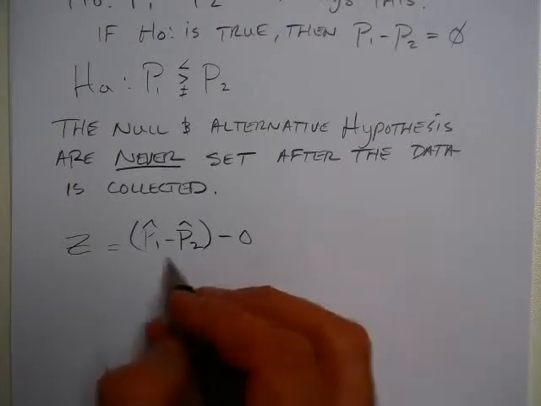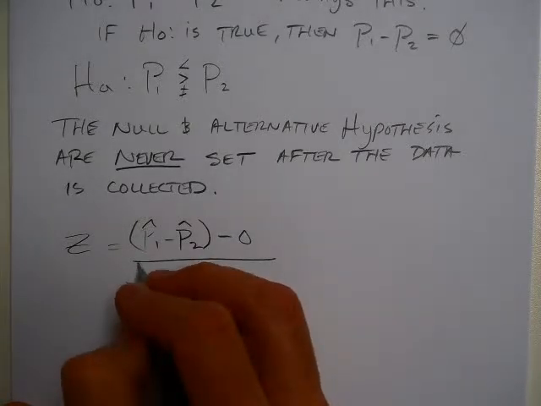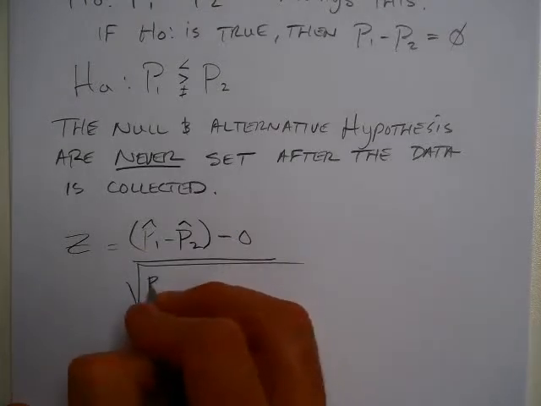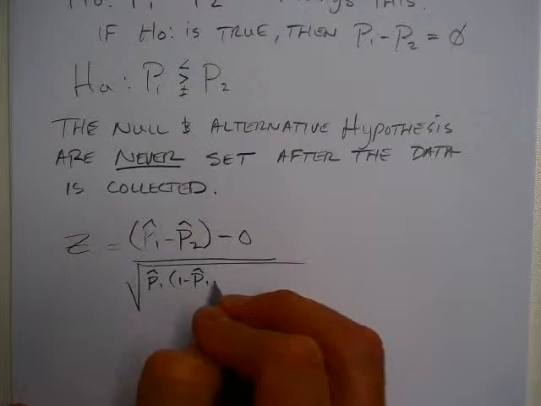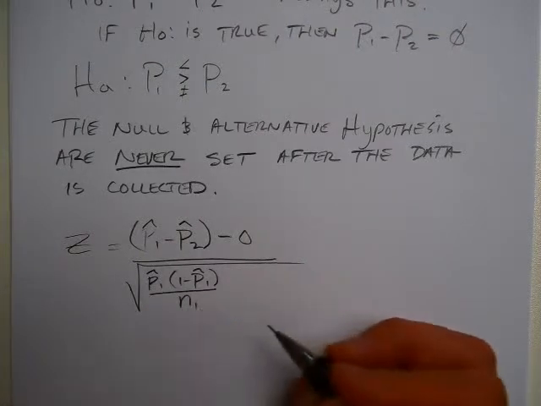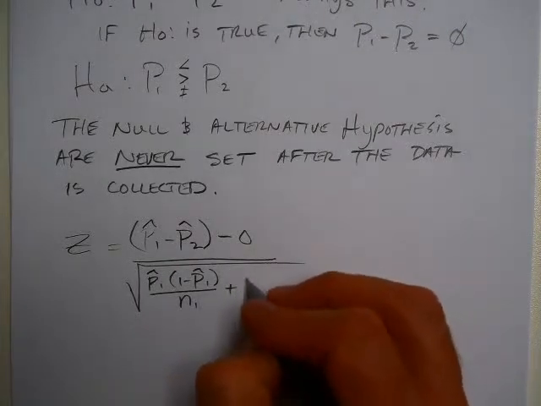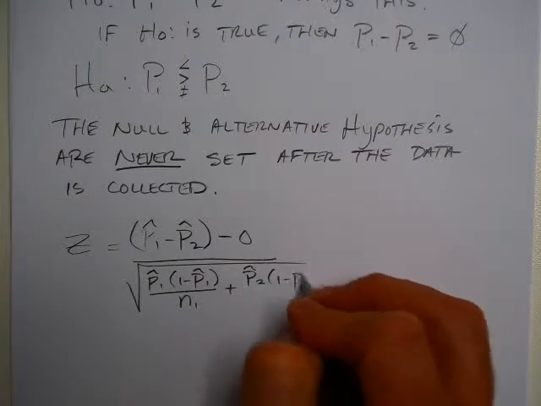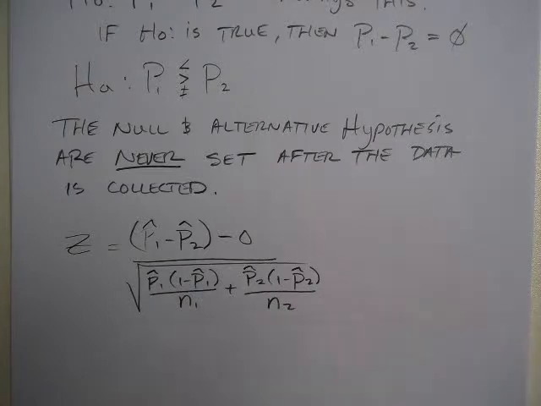This is a standardizing formula with two proportions over the square root of the standard deviation, or the standard error in this case, p hat 1 times 1 minus p hat 1 over n sub 1. This is like the bit that was in yesterday's formula, or the other days, plus p hat 2 times 1 minus p hat 2 all over n sub 2.